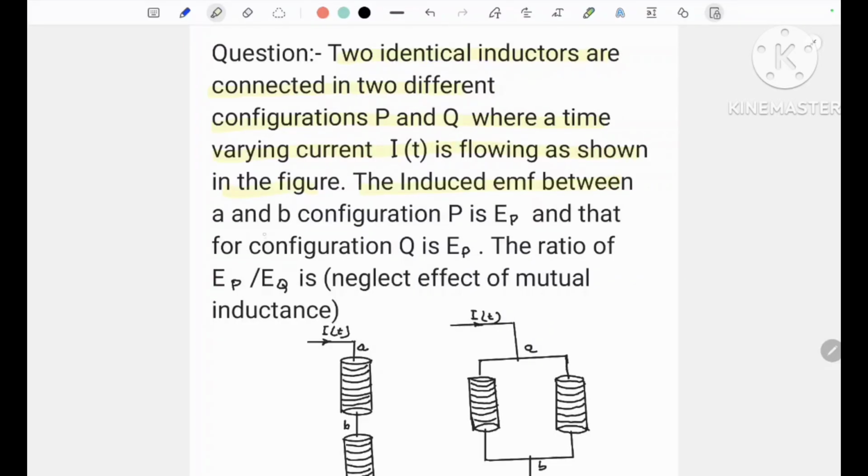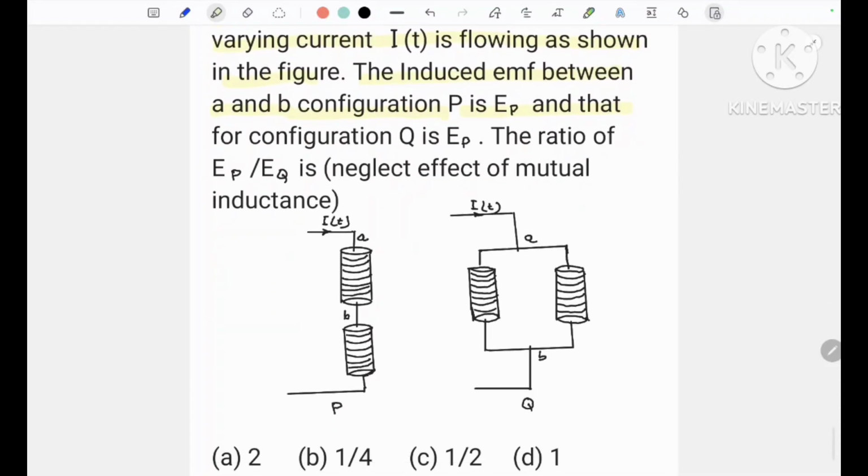The induced EMF between A and B in configuration P is EP and that of configuration Q is EQ. The ratio of EP and EQ, neglect effect of mutual inductance.